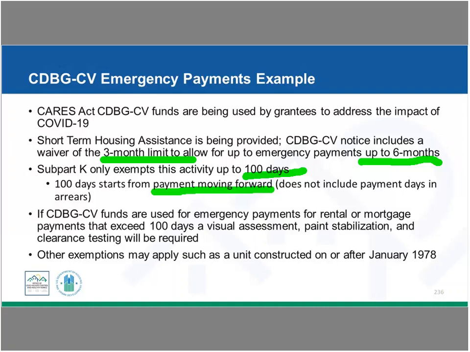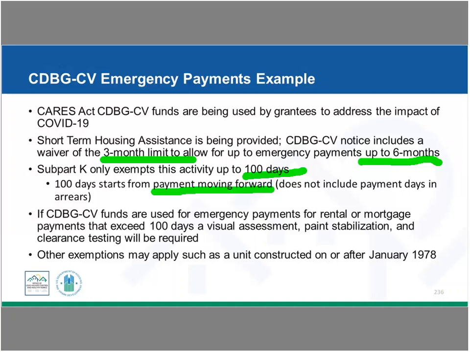They're coming to us in early June, so I could provide them rental assistance under the CDBG 6 months for June, July, and August. I'm going to approve them and make my payment on the 9th of June. And so the clock starts ticking on June 9th when we calculate our exemption under Subpart K.